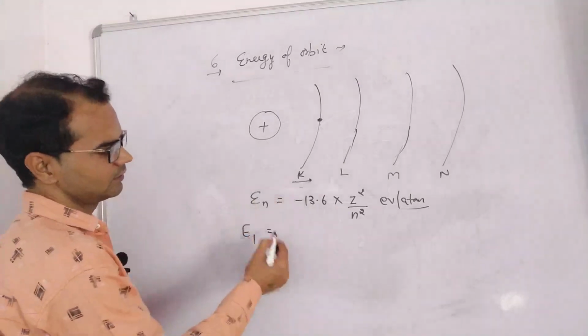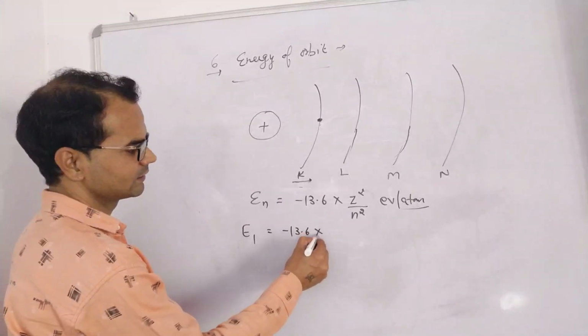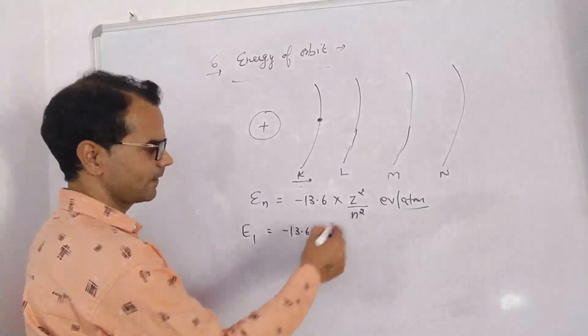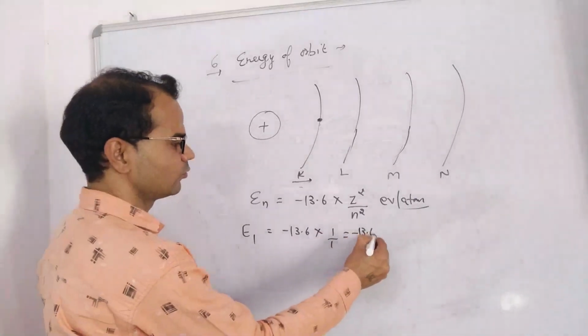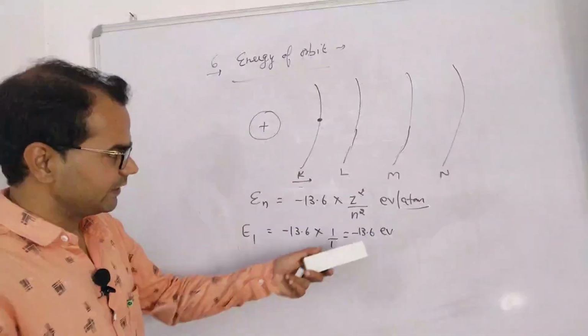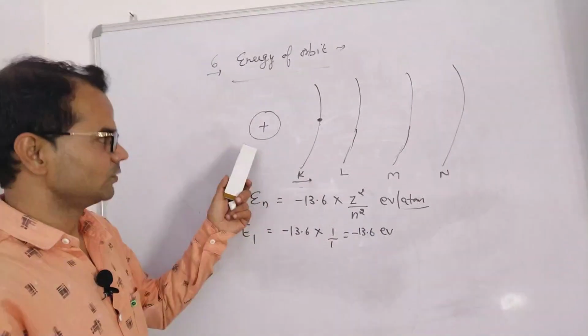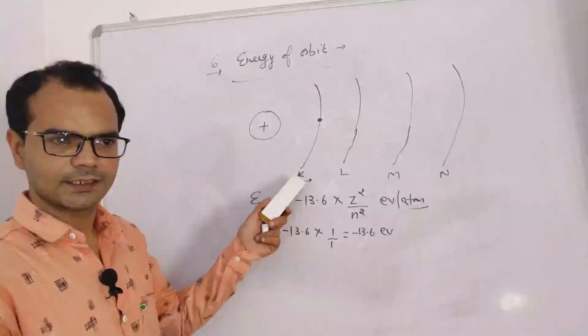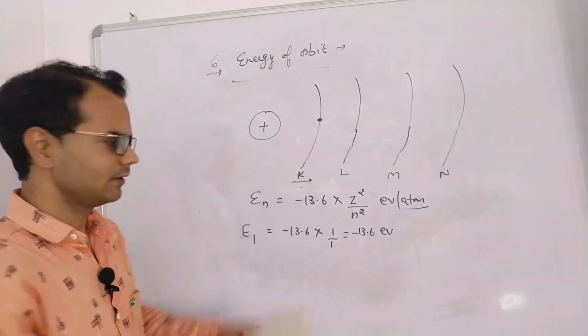E1 equals minus 13.6, atomic number is 1, n is 1, so minus 13.6 electron volt. This value is for hydrogen, for the K shell or the first shell.